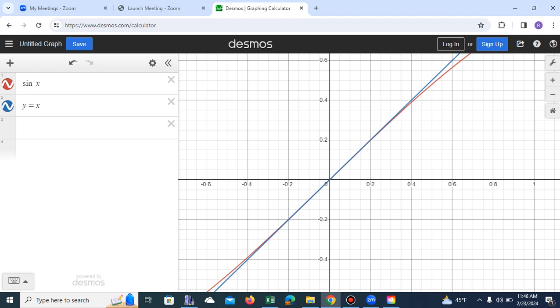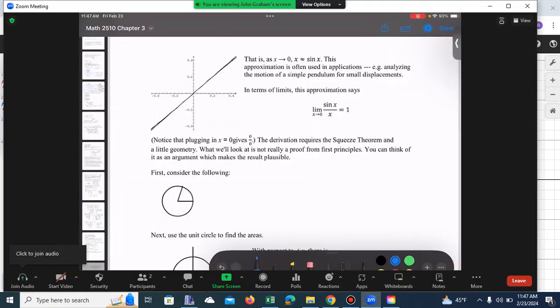And remember, if you're dividing two things that are the same, let's say 2 over 2, you get 1. So if sine of x and y equals x are the same thing, when you divide them, it should be equal to 1. So we're going to look at the limit as x goes to 0 of sine of x over x, and say that that's equal to 1.